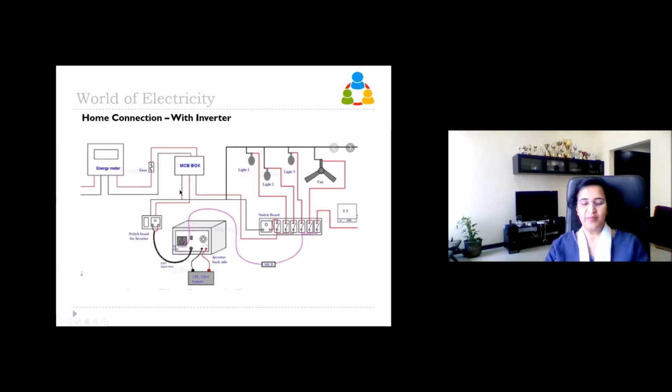You thought this MCV will be first? No, first will be the energy meter, because first it comes to the energy meter, then to a fuse. Then only it will come to the distribution box. Is that your question, Vinayak? Okay Vinayak, when you're ready, you can ask, no problem.